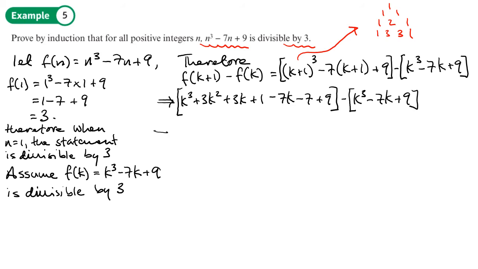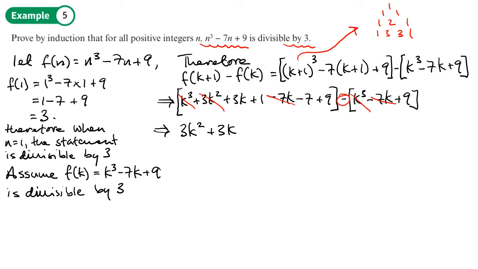So now we'll simplify it. You've got k cubed minus k cubed, so it's gone. We've got 3k squared, so let me cross these out. We've written down the 3k squared. Then you've got 3k minus 7k, and then you're going to have a plus 7k, so these cancel out because you've got the minus there. So that just leaves 3k, so plus 3k.